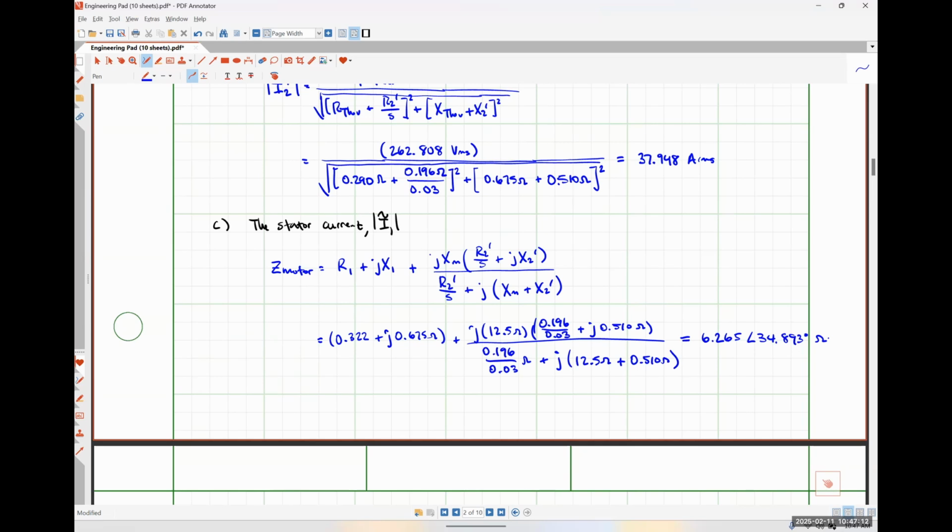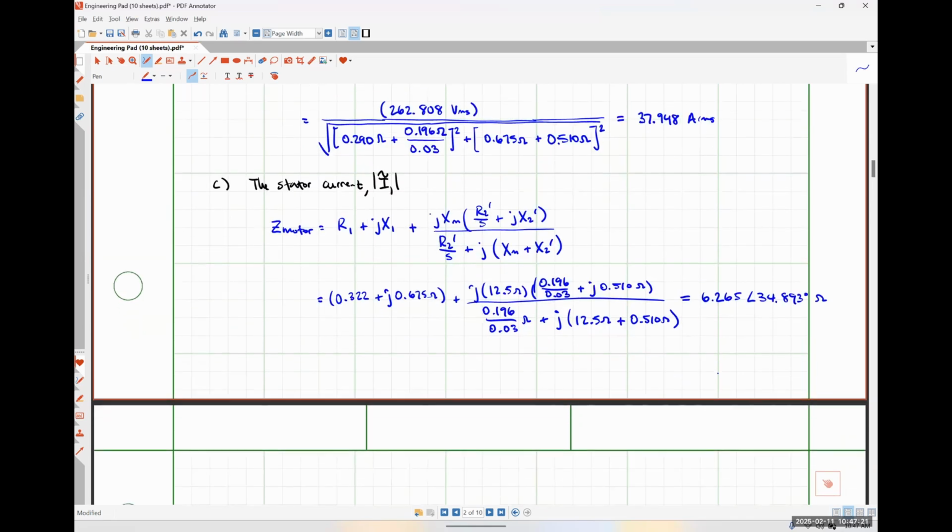Oops. So from this, how would I find the magnitude of my stator current?